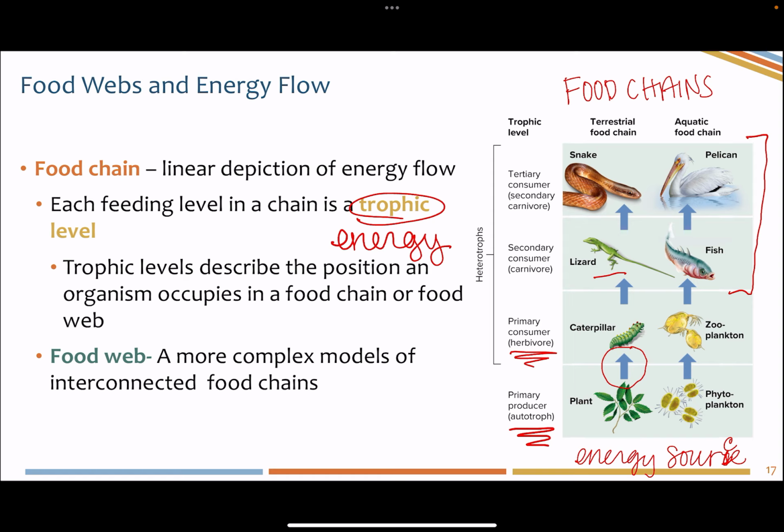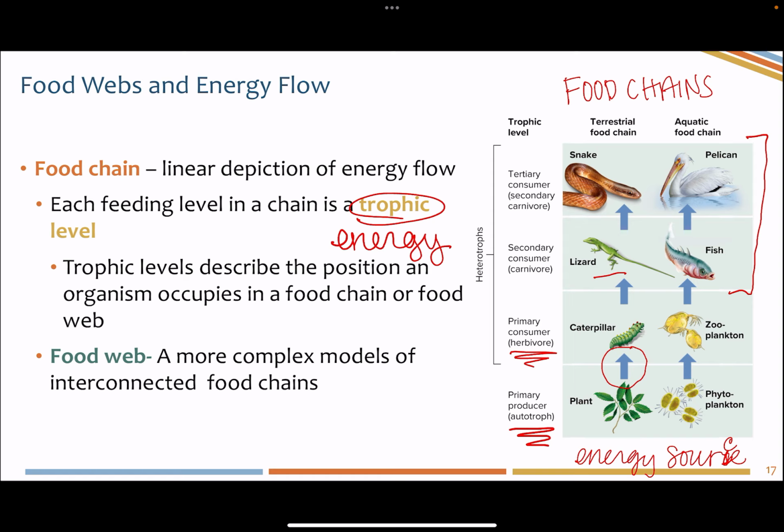So we can continue a little bit higher. Generally, we don't have more than tertiary or quaternary consumers, and we'll talk about why that is a little bit later. But the trophic level describes the position in the food chain as it relates to energy. So our tertiary consumer is essentially the fourth energy level if we consider the primary producer down there at the bottom.